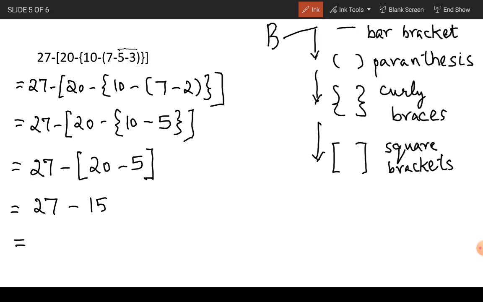So 27 minus 15 is 12, which is the answer. I hope this is clear. When you have different types of brackets, the brackets have to be solved first in order of the type of brackets. First solve the bar bracket, next parenthesis, followed by curly braces, followed by square brackets.